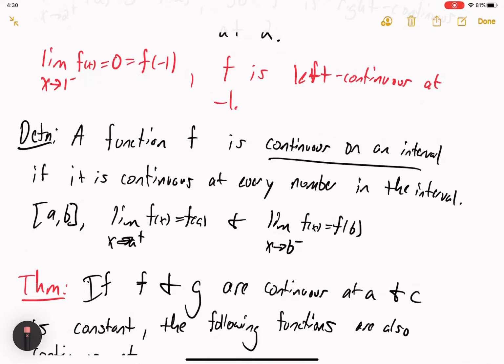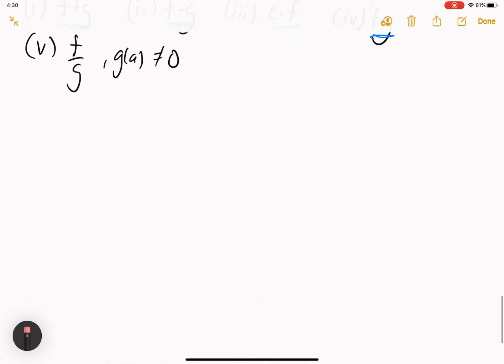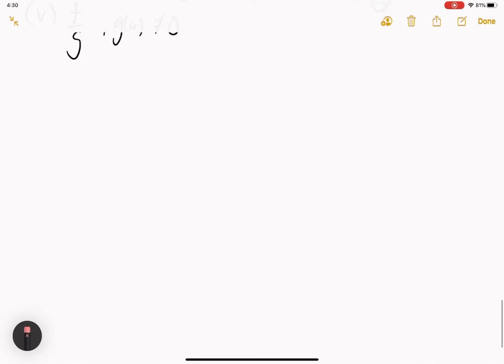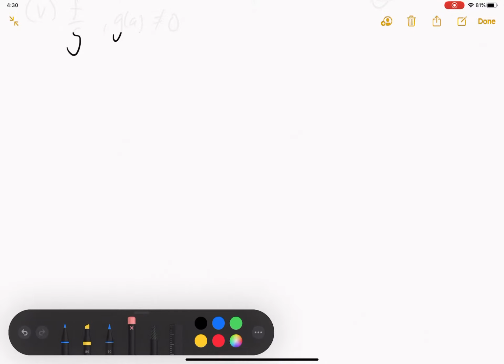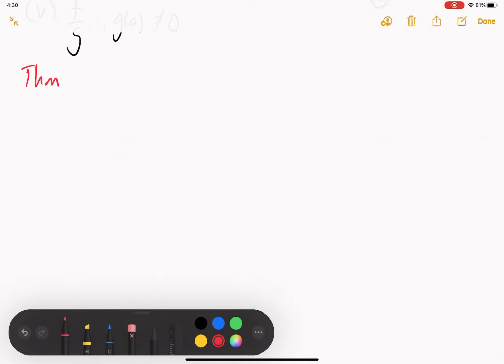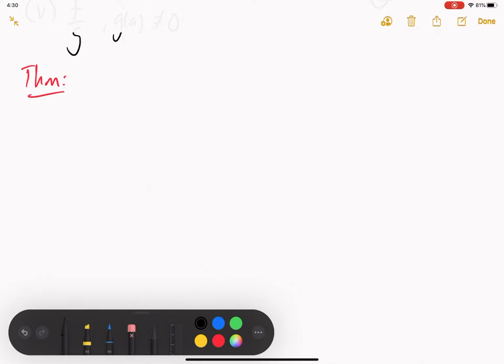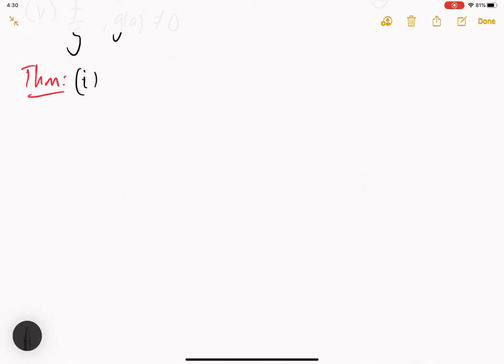Functions that are continuous basically everywhere in their domain. So again, this is going to be another theorem. All right, so the first part is any polynomial is continuous everywhere.